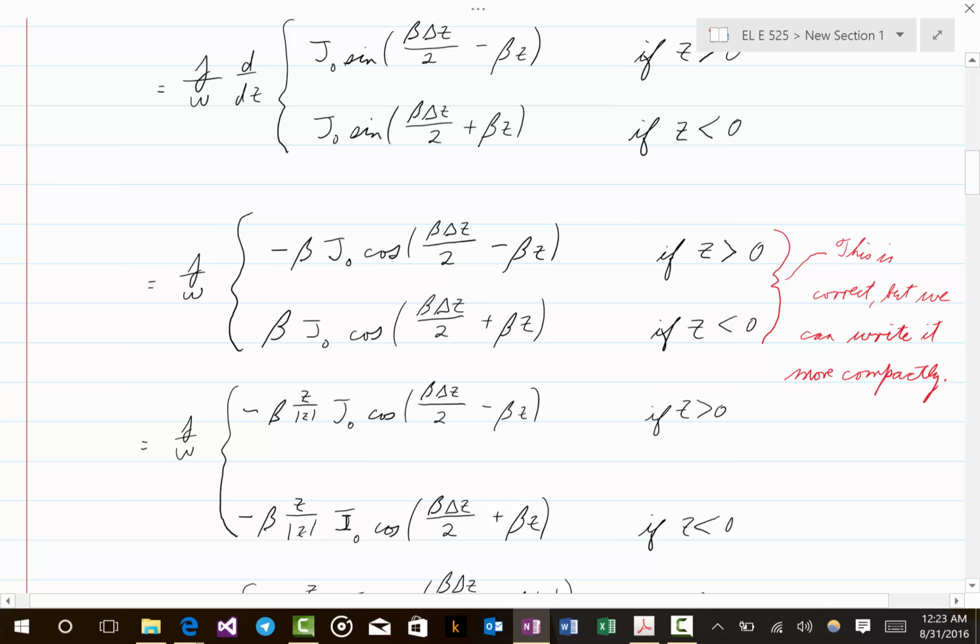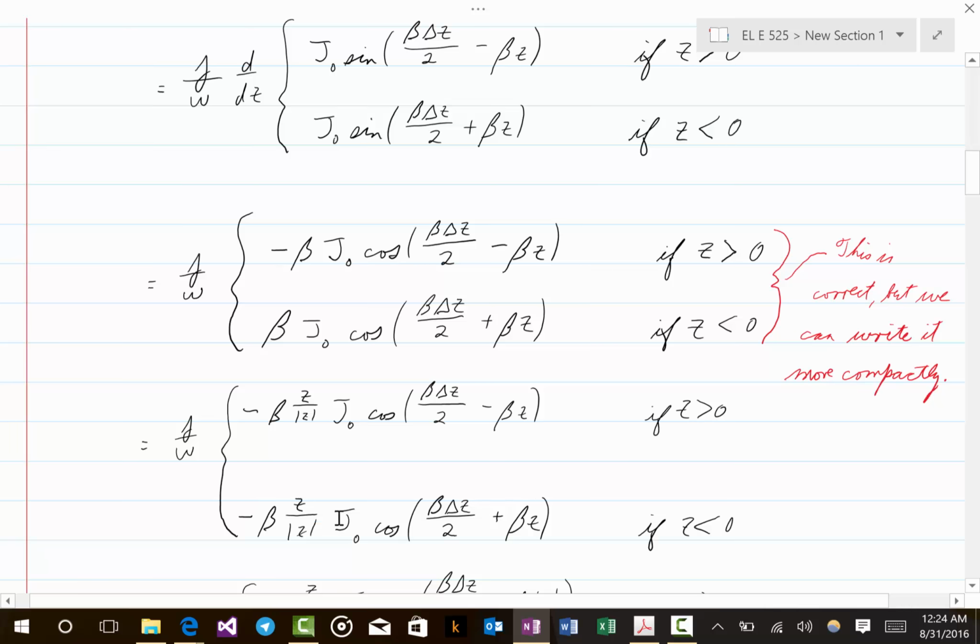Now notice, since we're in the region z is less than 0 for this expression, z is a negative number, so z divided by absolute value of z is negative 1 in this case. So this is negative 1, but we want it to be equal to what we have up here, which is positive 1. And so we have to multiply this by this negative sign out here so that overall this will be positive.